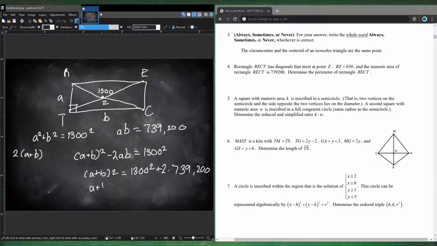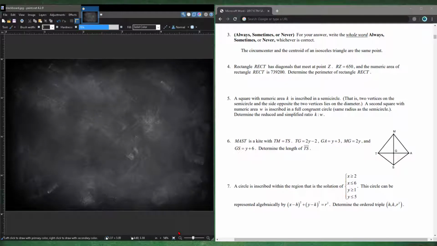That means our A plus B is equal to, use your calculator, the square root of 1300 squared plus 2 times 739,200. Take the square root of that, and you should get 1780. Okay, so 2 times that to get our perimeter is 3560, which is your answer for number 4. And it's basically just that simple. You really don't have to solve for the length and the width.